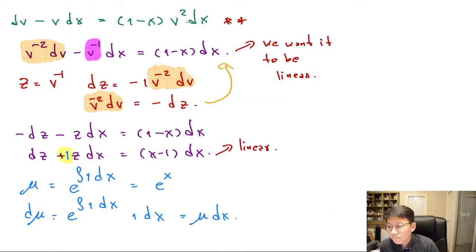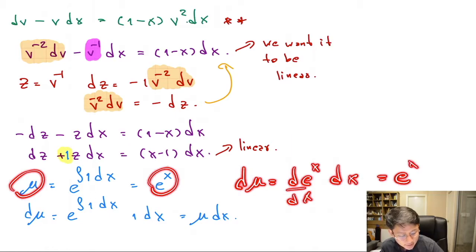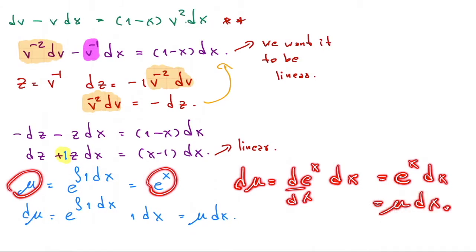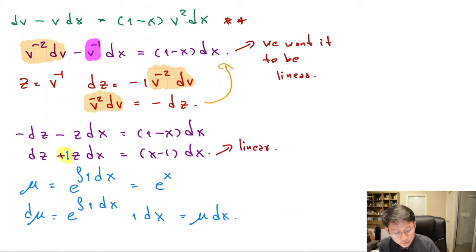Or you can just look at it from here. If you want to get d mu, it's d of e to the x by dx, so the derivative of e to the x is e to the x dx, which is mu dx. It's the same thing. But I found it easier to use this integration. If it's confusing in this example, you can just go back to mu equals e to the x.